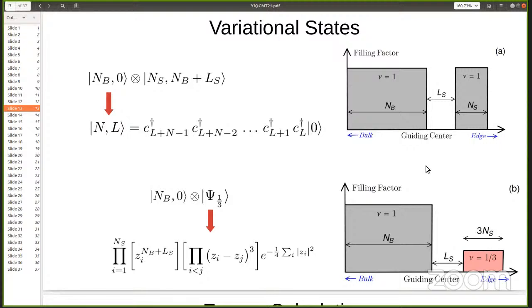If the edge is very sharp, then we obviously expect the standard picture to hold, and so we have a single droplet of nu equals 1. What this means is that there will be a single chiral edge mode.